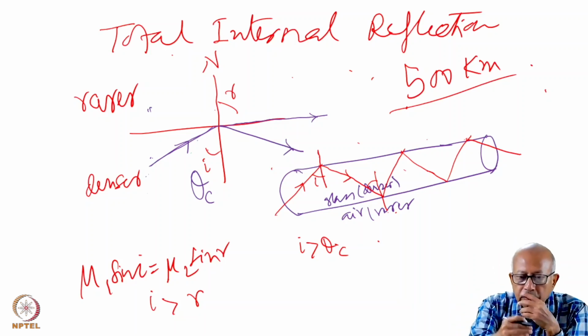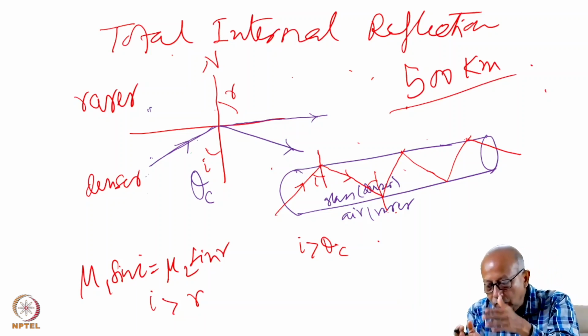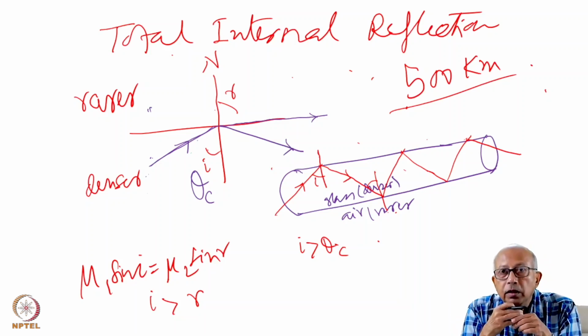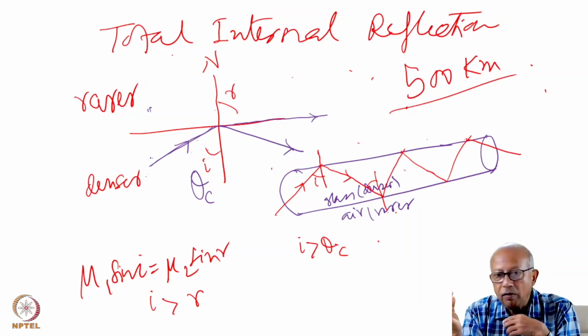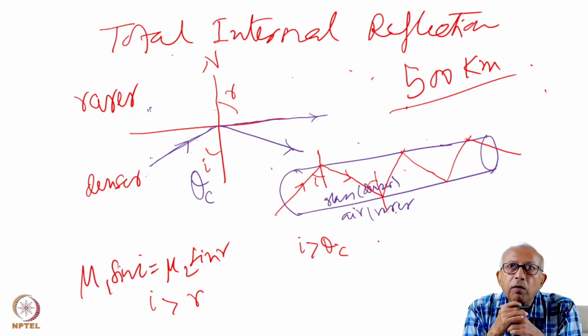So you see, you exploit the property of total internal reflection and you use it today. This optical communication network actually forms the backbone of today's communication network. Most of the data that traverses across the globe makes use of this optical fiber.